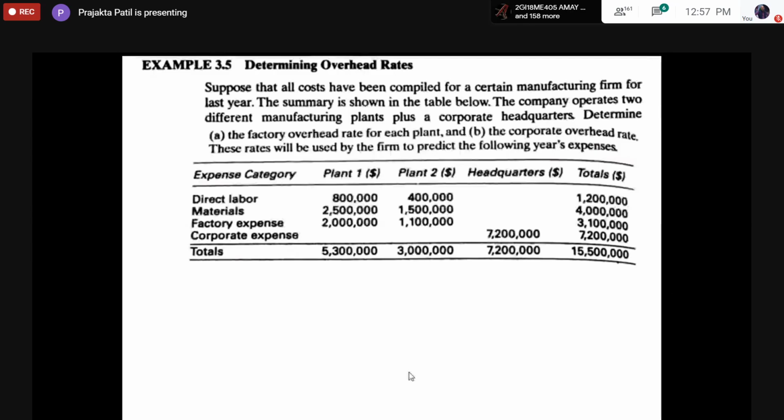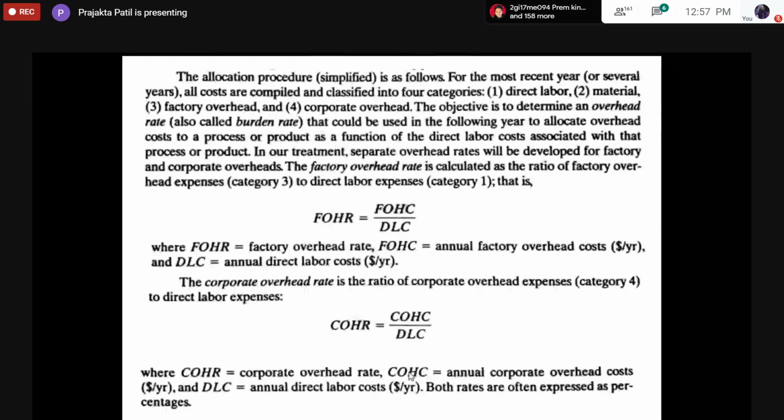Those who have not noted it down, please note it down. Factory overhead rate is given by factory overhead cost divided by direct labor cost, and the corporate overhead rate is given by corporate overhead cost divided by direct labor cost. Please note this down, those who have not noted it. And those who have it already can proceed with the solution.